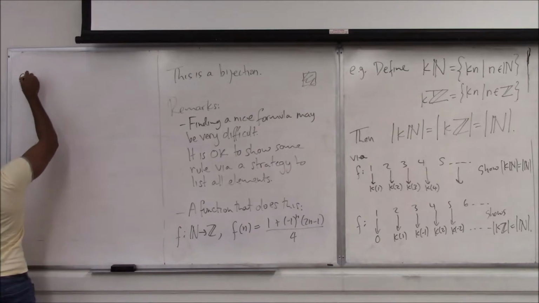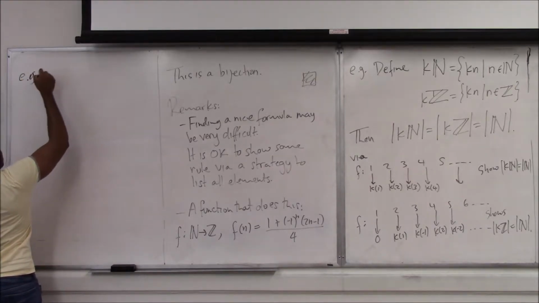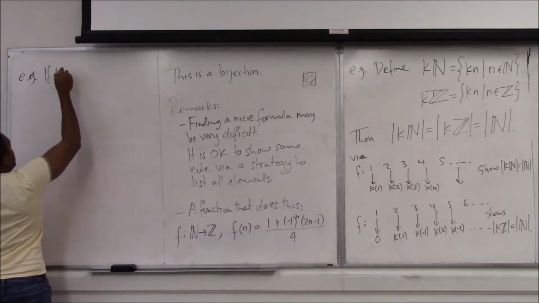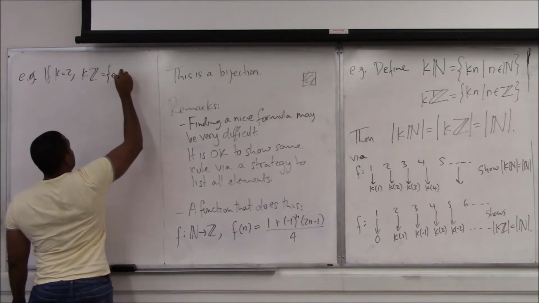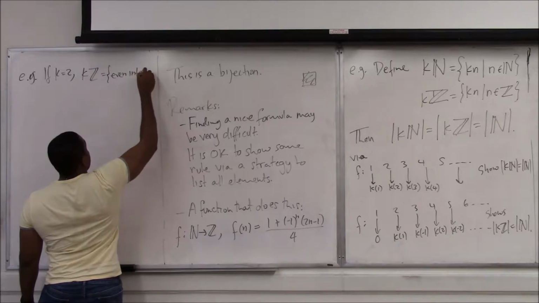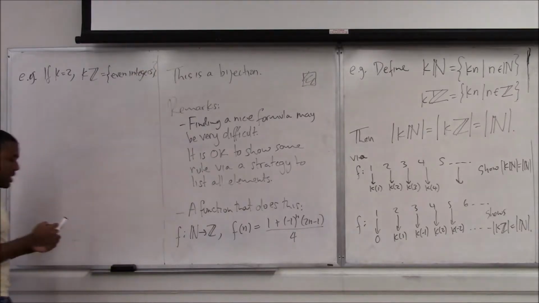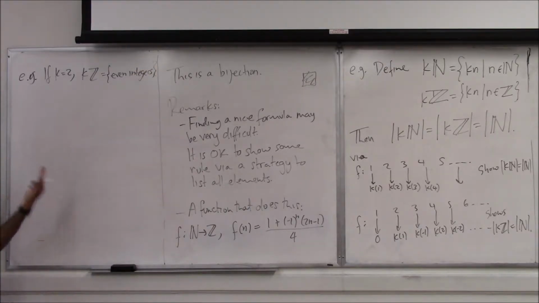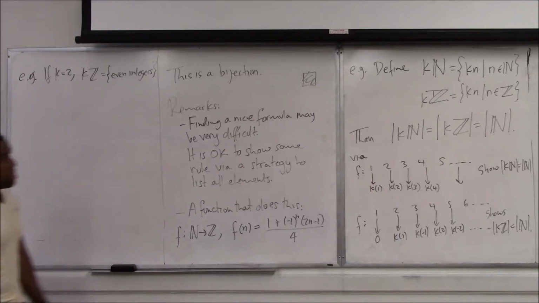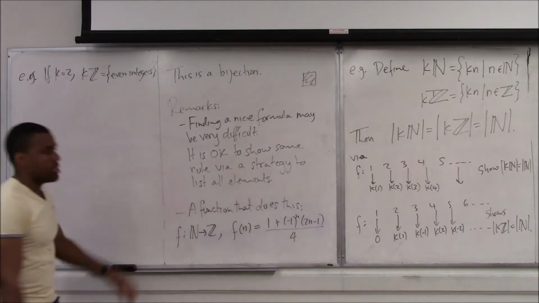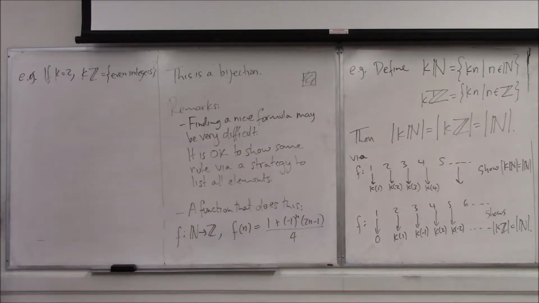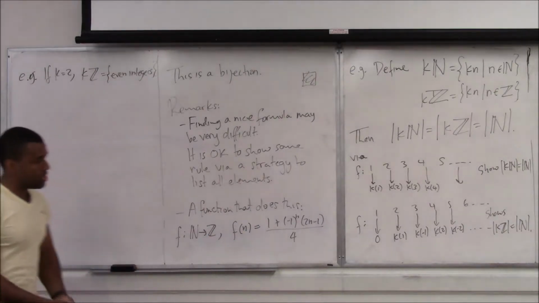So for example, if k equals 2, kZ is just the even integers. So I can look at all multiples of 2, and it's the same size as the entire set. All multiples of 3 is the same, all multiples of 4 is the same. I can take out any multiples, I'll still have an infinite number of them, and I'll have the same amount as if I was looking at the entire set in the first place.